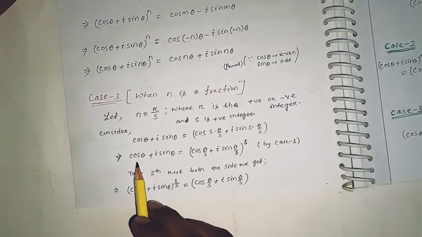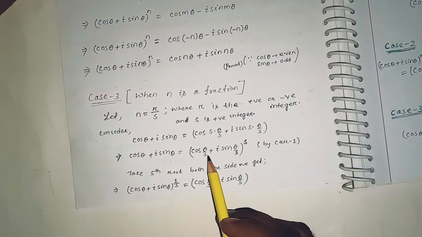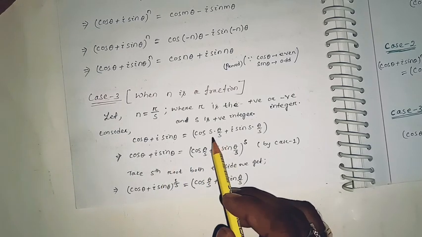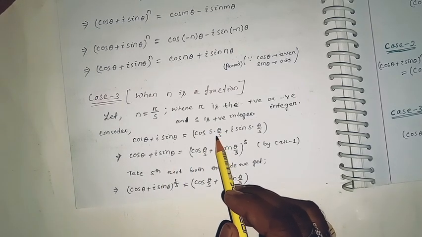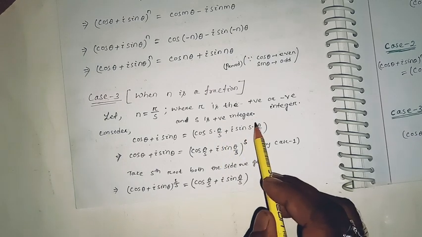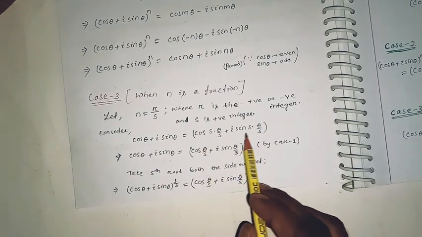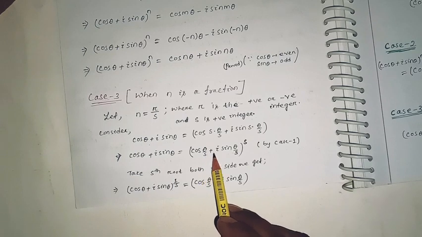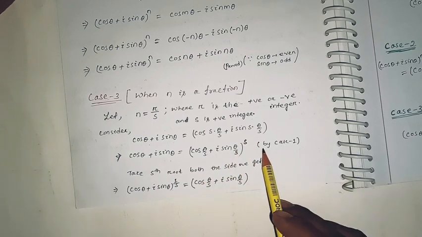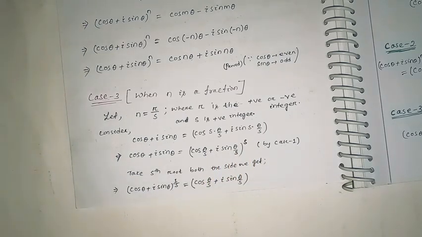That implies cos theta plus i sin theta will be equal to, here you can see cos s, consider this one as your theta, sin s, this one will be theta. So this can be written as (cos theta by s plus i sin theta by s) to the power s, by considering case 1.